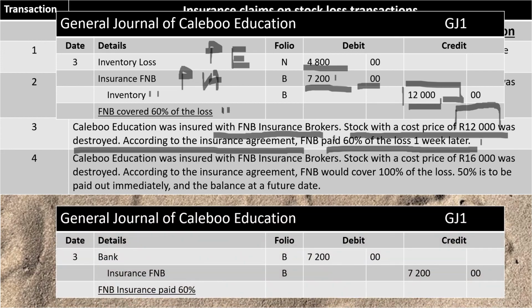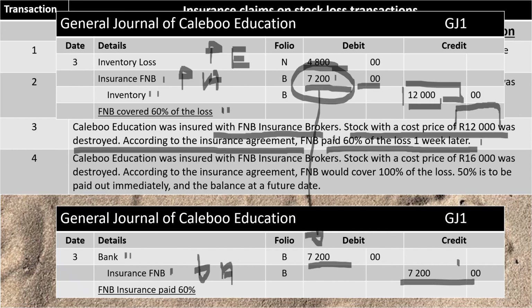When FNB do pay us, we are going to debit bank, increase in assets, 7,200. So there's the 7,200 that they owe us because we're insured. When they pay us, we debit bank, and they no longer owe us. Decrease in assets, FNB Insurance, credit 7,200. So 7,200 was debited to FNB Insurance.